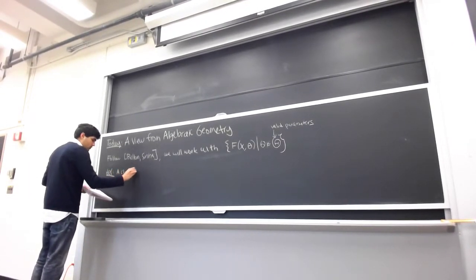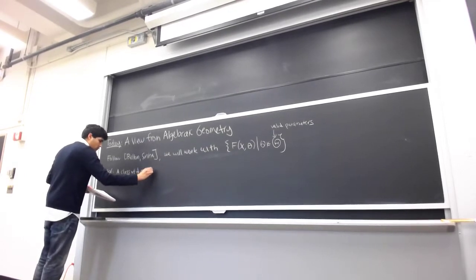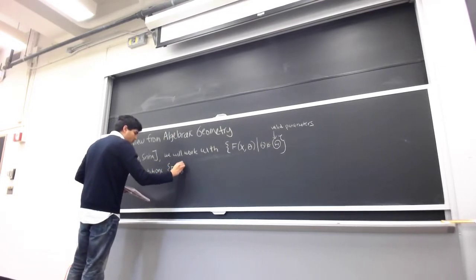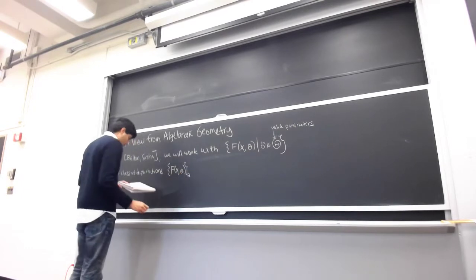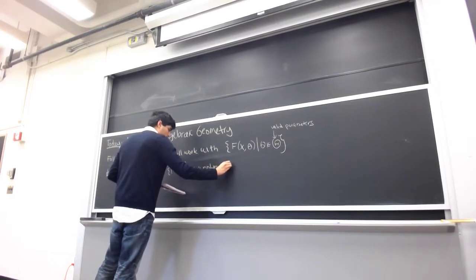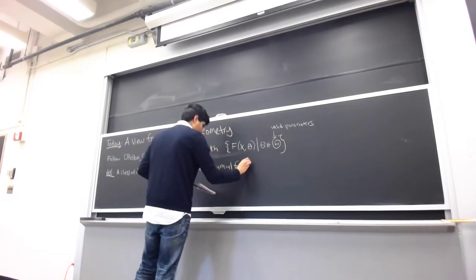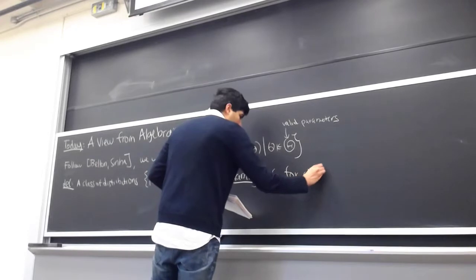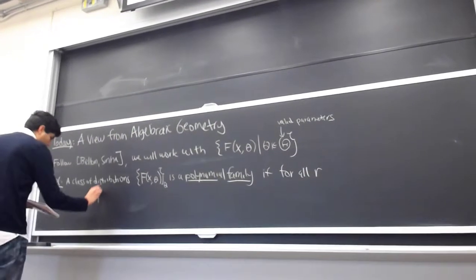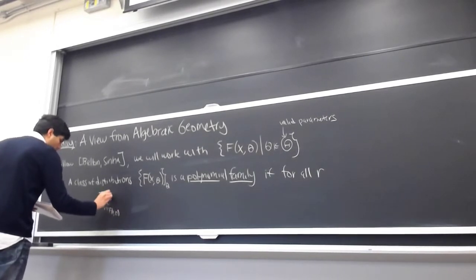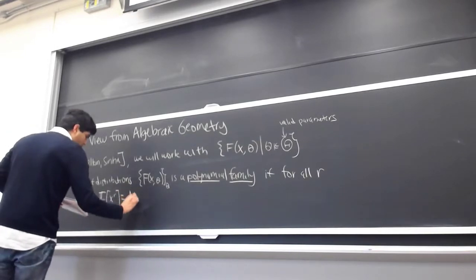class of distributions. Namely, this set f of x theta is a polynomial family if for any moment r, we compute the expected value of x from f x theta of x to the r, and that we're going to define as m_r of theta.